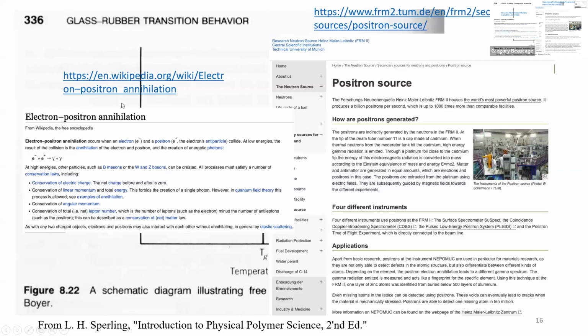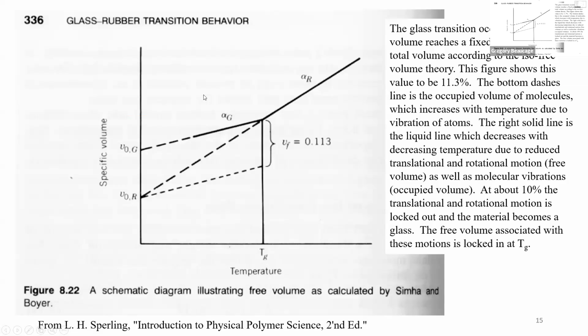So if you shoot positrons into a material, depending on how much free volume is in the material, if there's a lot of free volume, the positrons will last a long time. I mean, microseconds, milliseconds, right? And if there's no free volume, they annihilate immediately because they hit the stuff that's in there.